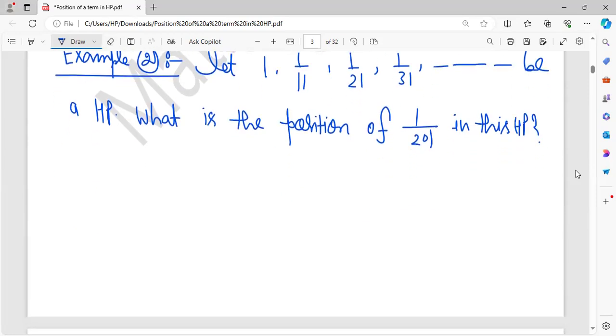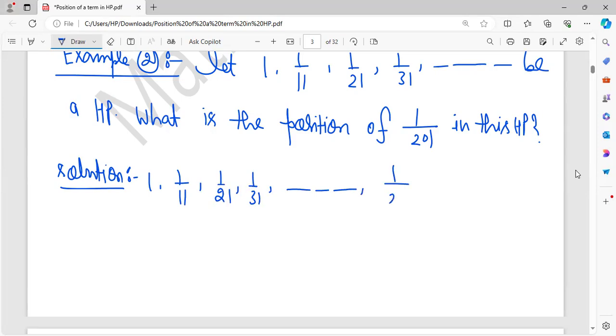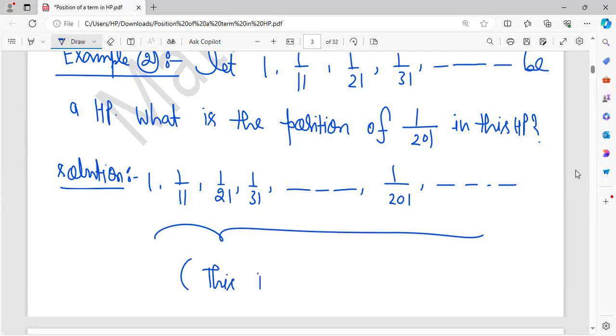Okay, so what is the given HP? The given HP is 1 upon 11, 1 upon 21, 1 upon 31, and so on. Somewhere is 201, and it is going. So this is the given HP.